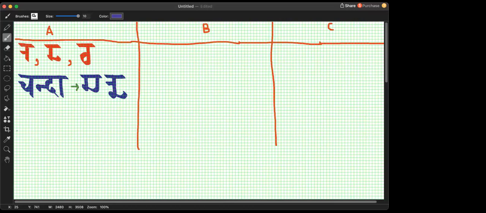And next example, we will take Panna. Okay, this is Pa. I'll first write this in Devanagari.